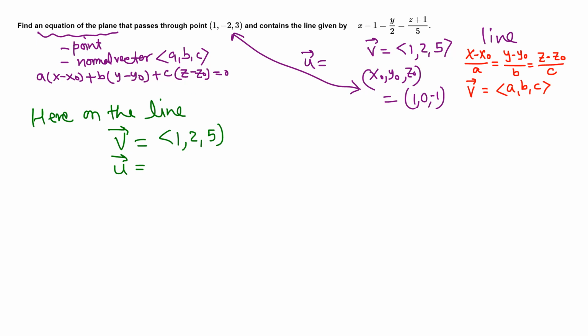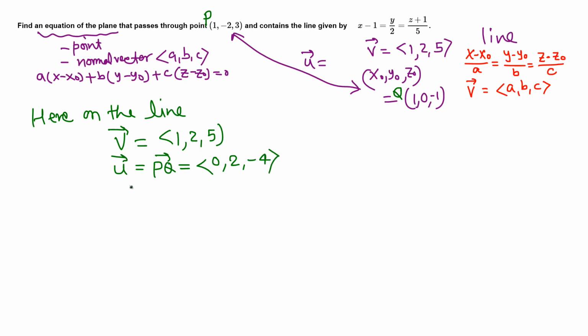Let's say this is P and this is Q. So PQ, or it could be QP as well, it does not matter. PQ is 1 minus 1, 0; 0 minus negative 2, just 2; negative 1 minus 3, negative 4.